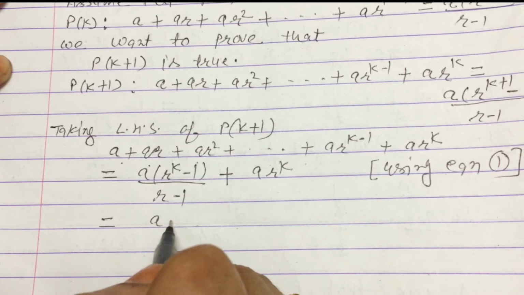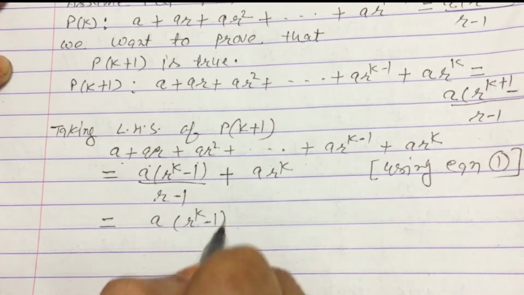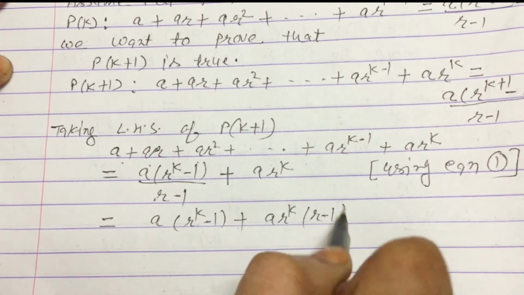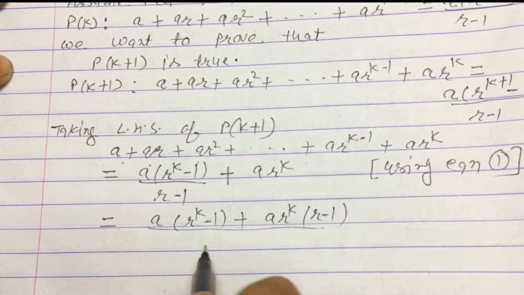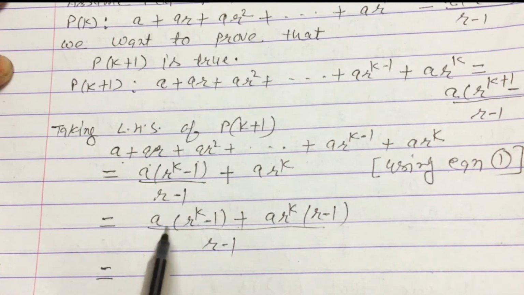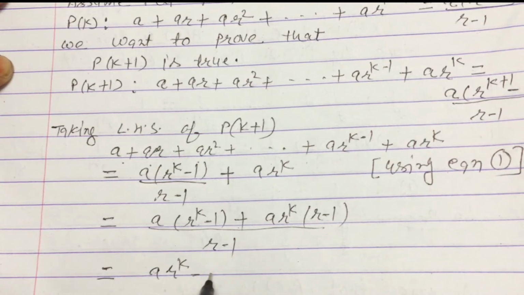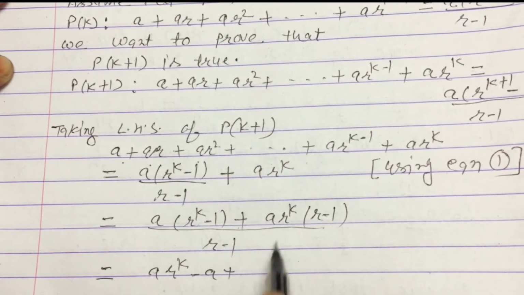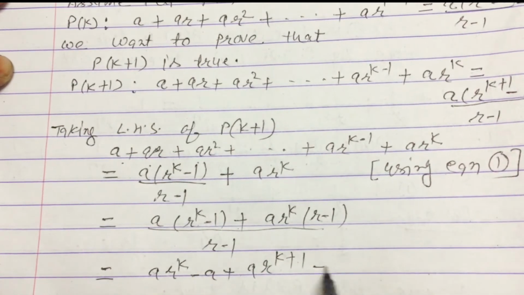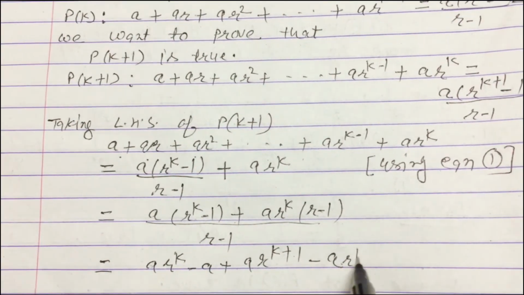Take the LCM. a r raised k minus 1 here plus a r raised k, it is r minus 1, and here r minus 1. Now if you multiply it by a, it is a r raised k minus a plus here a r raised k plus 1 minus a r raised k.